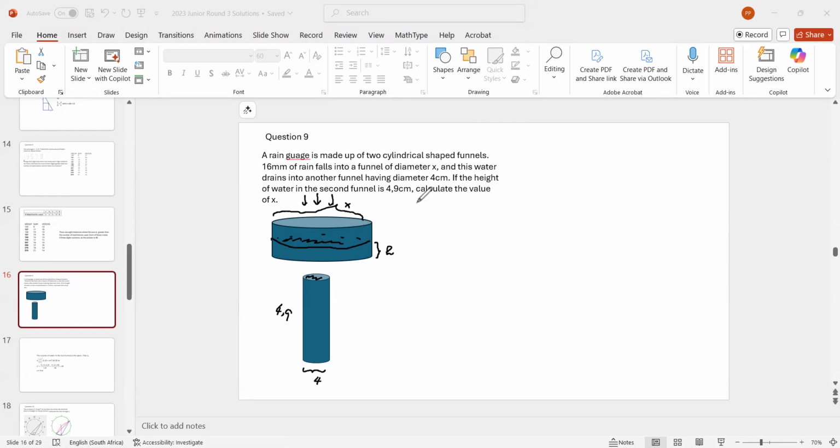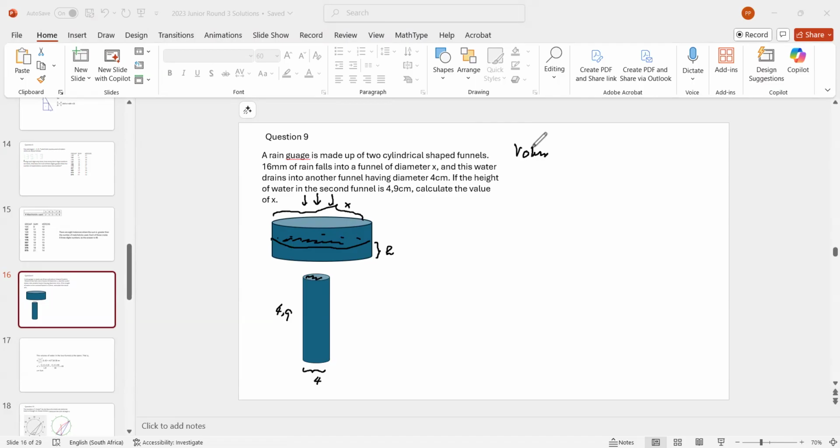So the question is now, what is the value of x? What is the diameter of this top funnel? The important thing here to remember is that the total amount of water, the volume of the water, is the same as the volume when it fills it up. So it's the same as the volume of the cylinder. Now, the volume of the water is a cylinder. What is the volume of the cylinder? Let's just write down that formula.